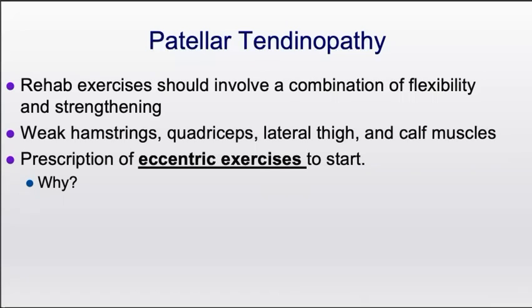Can anybody think of why that's the case? Well, eccentric exercises target the tendon. Okay. We're also stronger in eccentric loading, so it's less risky to be doing eccentric work.